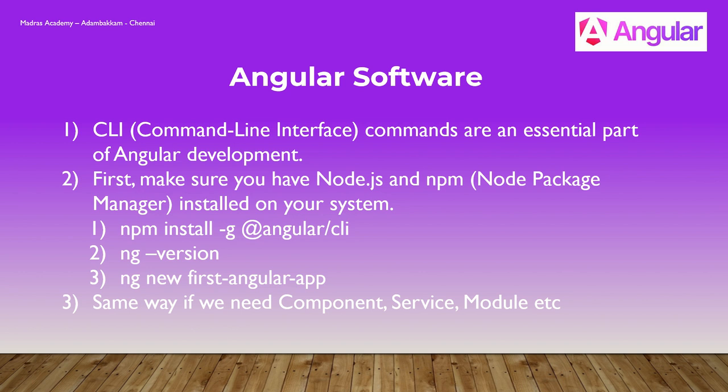But Angular is not like that. It is a CLI, that is, a command line interface. Using the command line interface, we need to install Angular, and for this we have a separate command. I will tell you how to install the Angular software in your system using the command line interface.